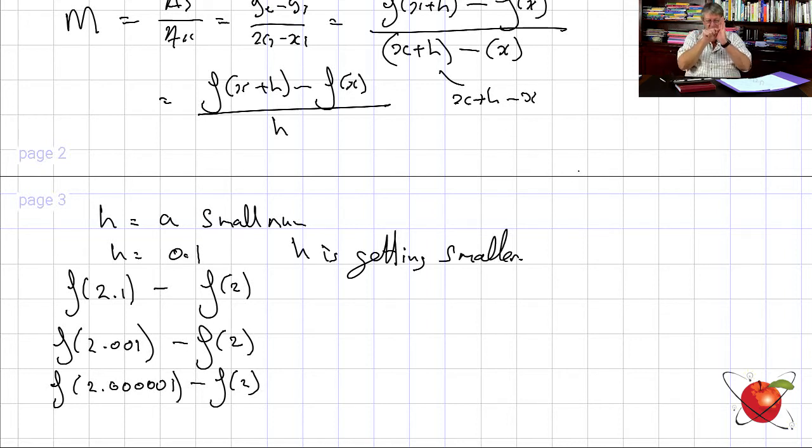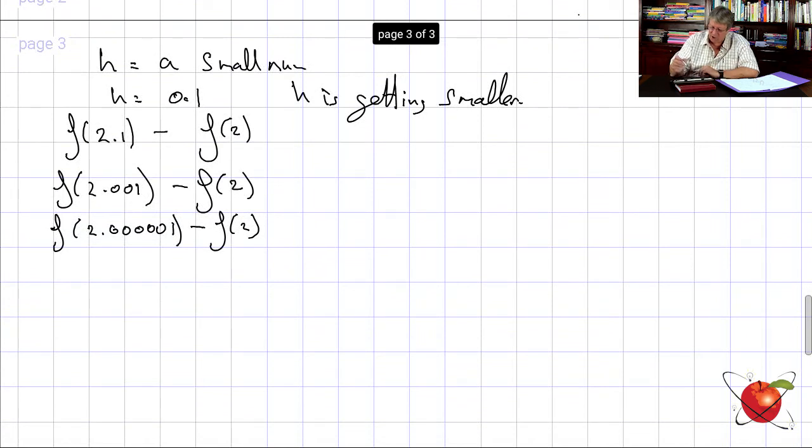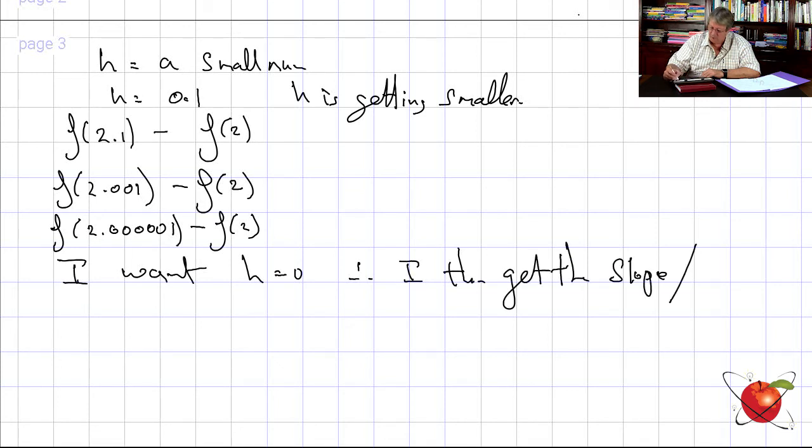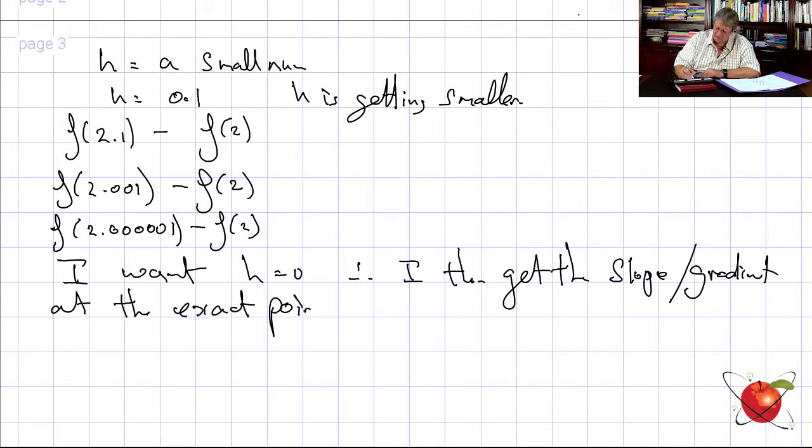That little increment that we're stepping up is getting smaller. So what do I really want? I want h equal to 0. Therefore, I then get the slope or the gradient at the exact point I want.